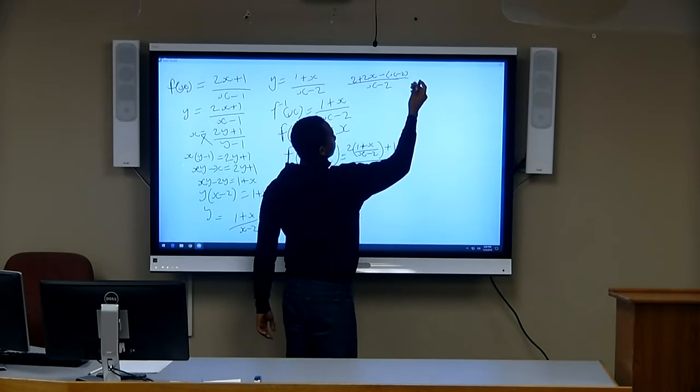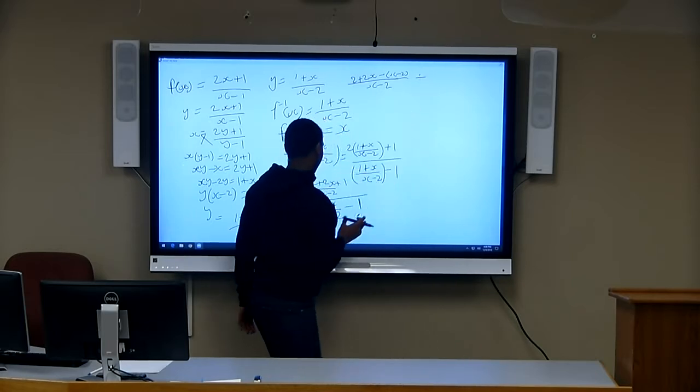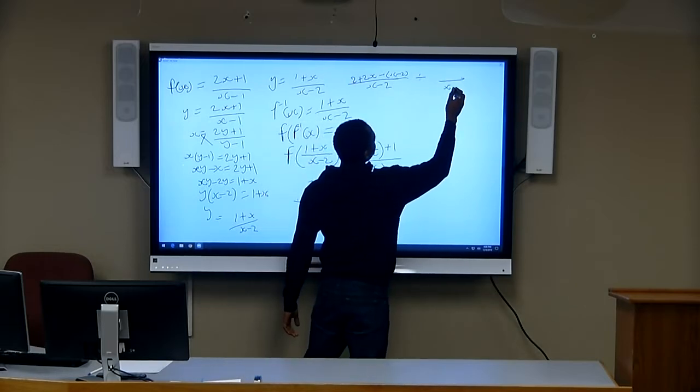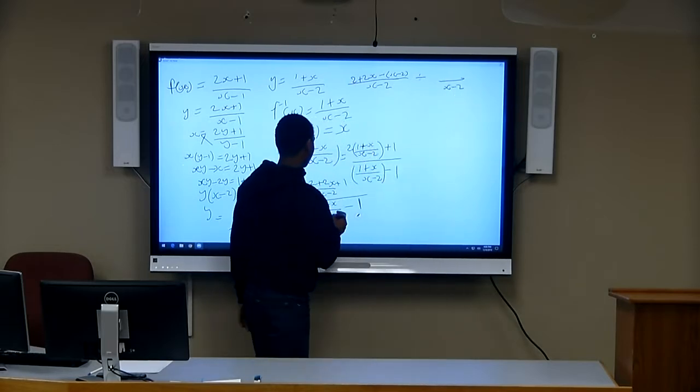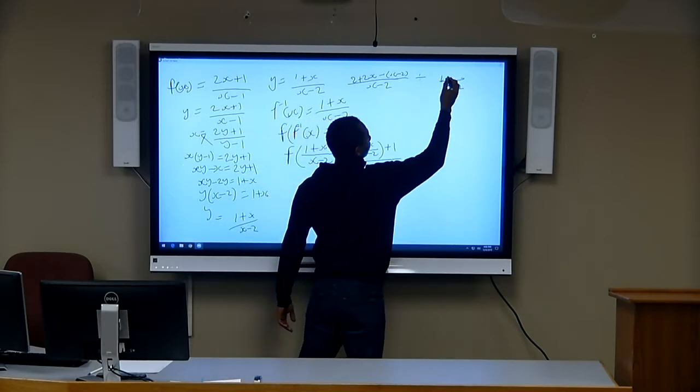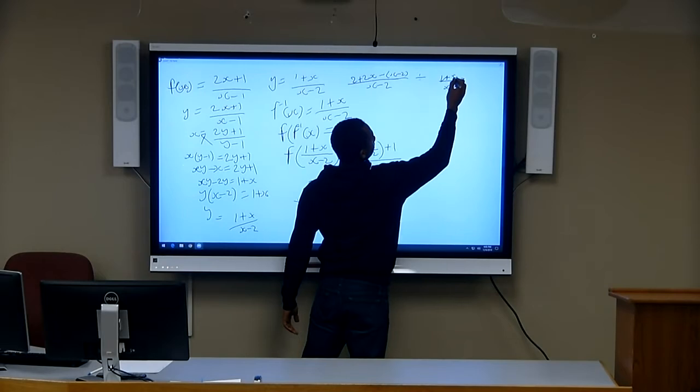This line means divided by the bottom part. The bottom part, the common denominator, is x minus 2. So it's going to be x minus 2, 1 plus x.